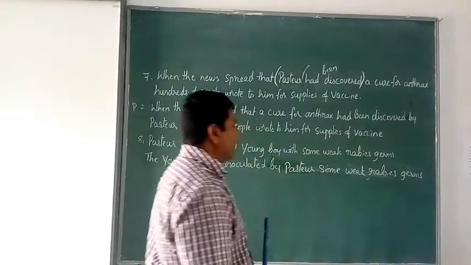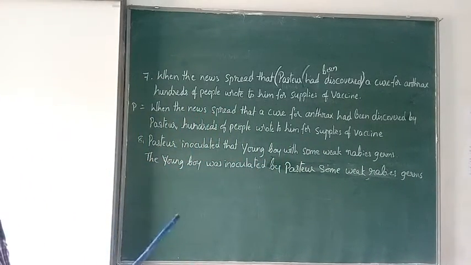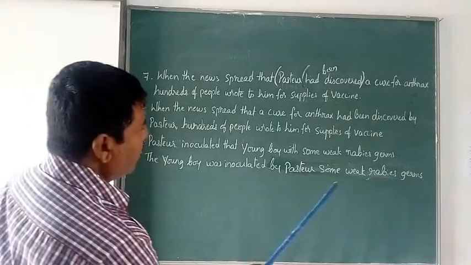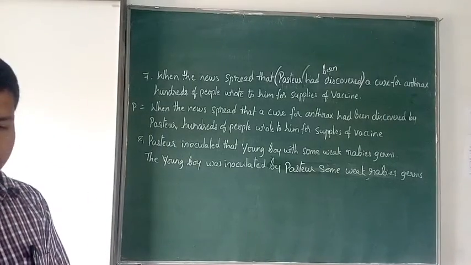See how that works here? The young boy was inoculated by Pasteur with some weak rabies germs. This is how the active became passive.